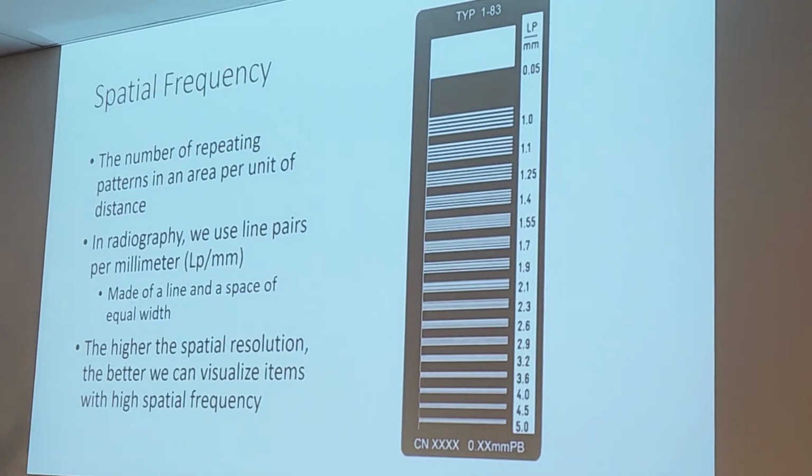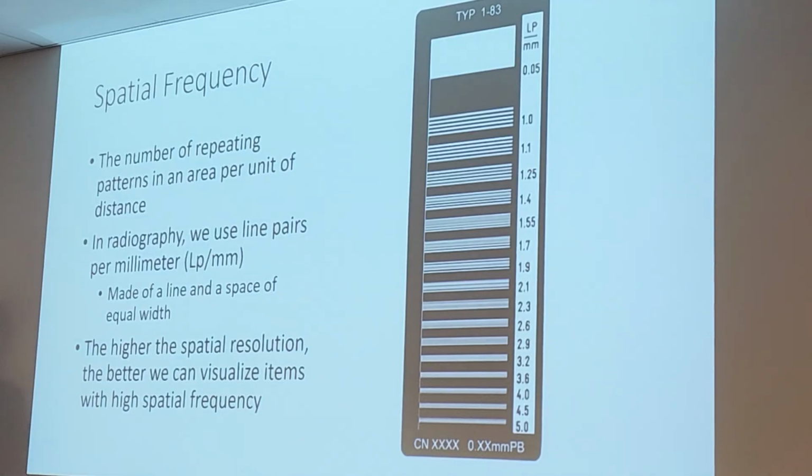And the idea is, to judge our spatial resolution, we want to see how thin we can make these line pairs while still being able to tell them apart. Does that make sense?